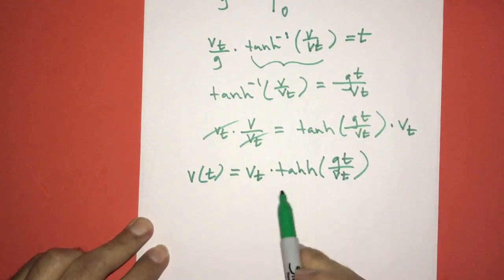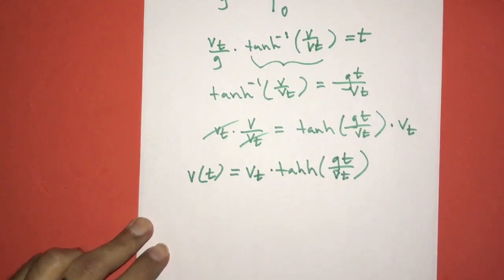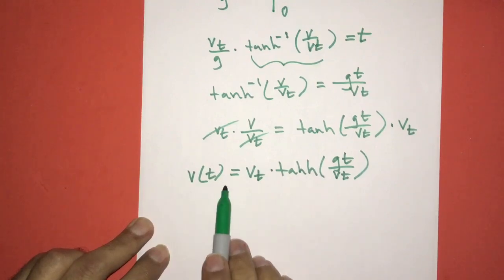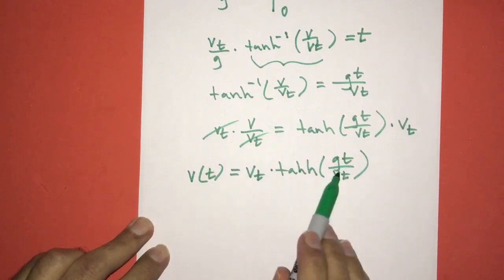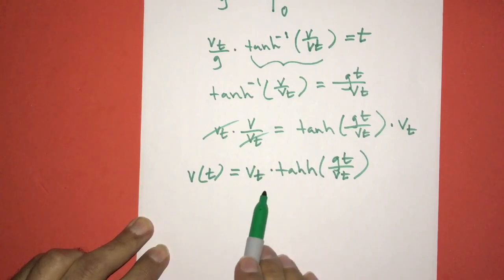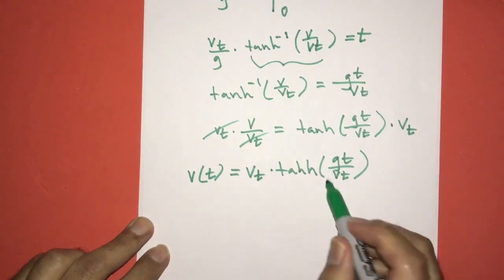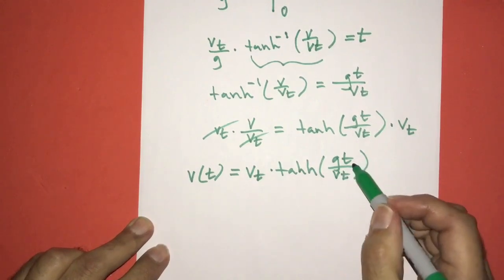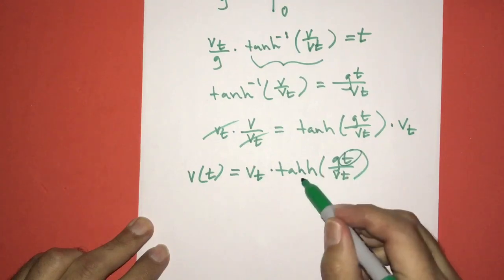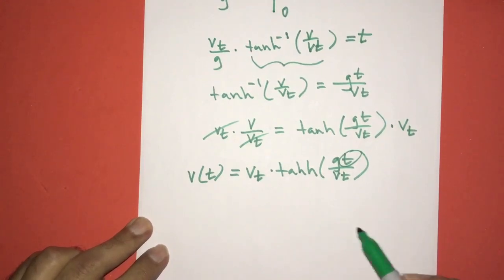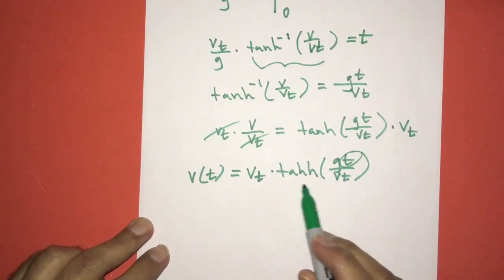Let's see if this equation makes sense. What's going to happen when time gets large? We should expect that this is going to approach terminal velocity. So where do we have the time term in here? We have it in here. How does the hyperbolic tangent graph look?